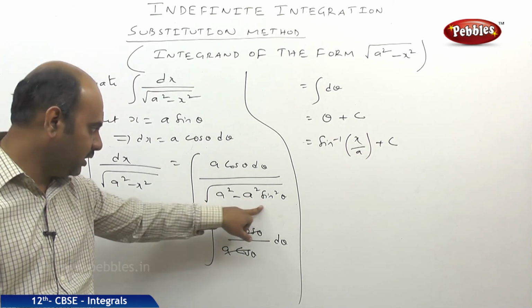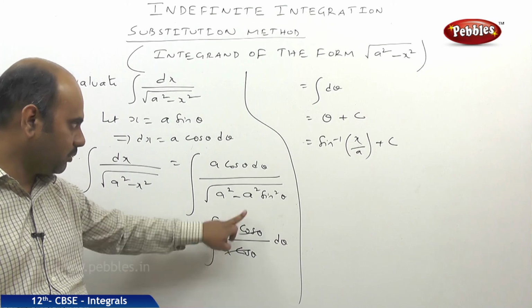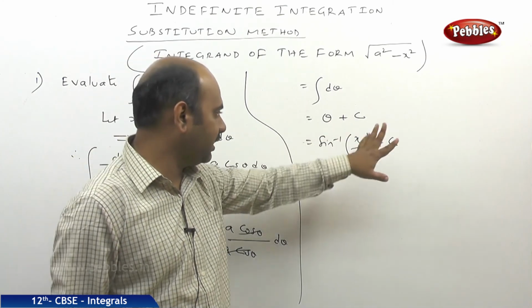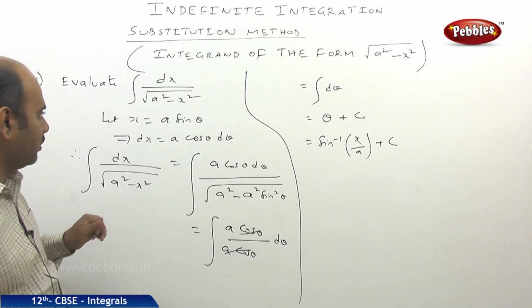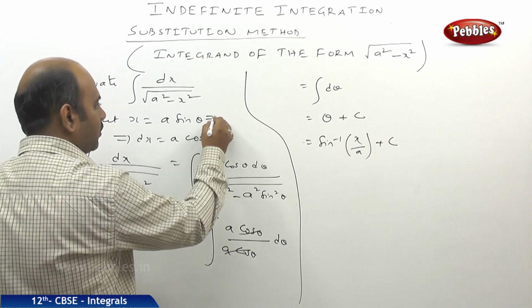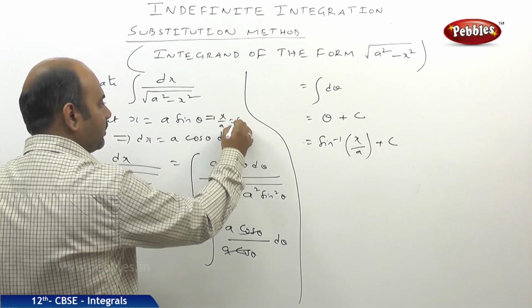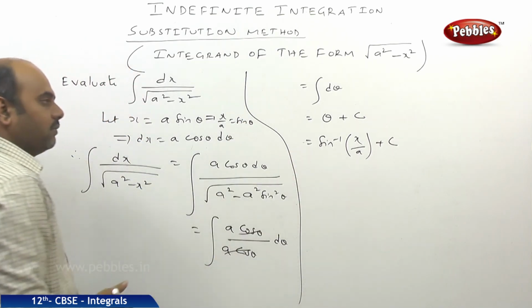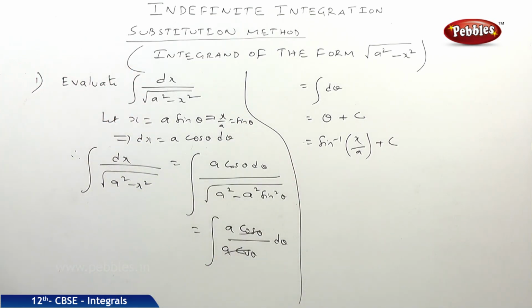So this turns down to a cos theta, both will be getting answered, and integral of d theta means theta plus c. And here if you observe carefully, x is equal to a sin theta I kept. So x by a is nothing but sin theta, and theta is nothing but sin inverse of x by a plus c.